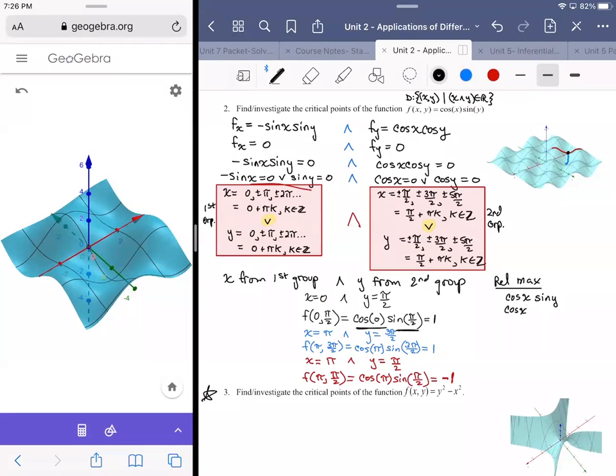All right. There weren't any instances where we would get a 0 just from the way I was making the selection here. So I need cosine of x to be equal to 1 and sine of y to be equal to 1, or I need cosine of x to be equal to -1 and sine of y to be equal to -1. That's the only way I'm going to come out with a relative max, right?